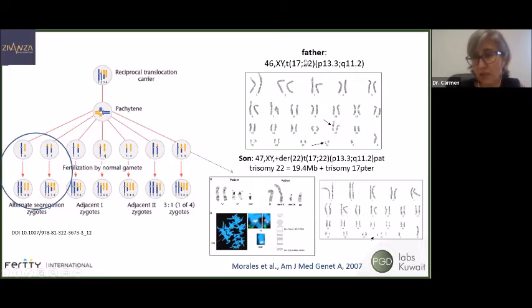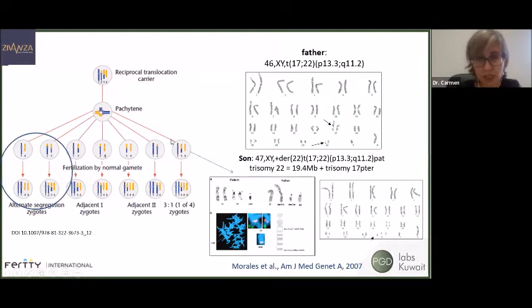For example, we have here an example. We have a father with a translocation between chromosome 17 and 22, meaning these 2 chromosomes interchange DNA. This father is balanced, no missing or extra DNA, and he's completely normal, okay? But he had a son that was alive with this karyotype. This son had an extra chromosome, okay? 47 chromosomes. What happened?